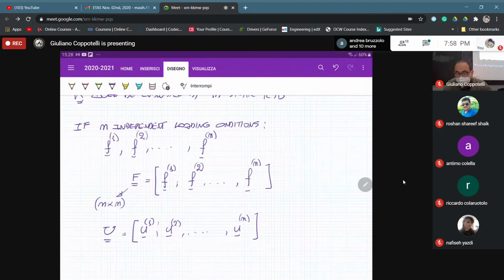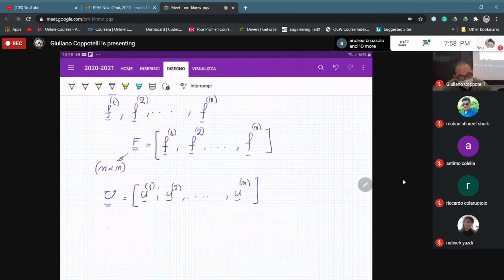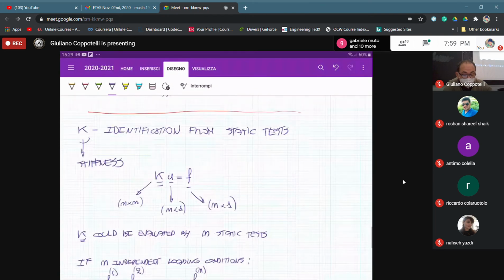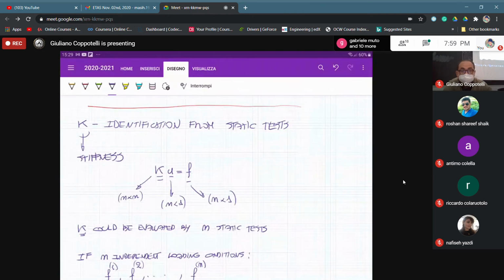And therefore what we can write is that your K matrix could be written as F times the inverse of this displacement matrix U. Okay, so going back to the very beginning here, our task is to find out the stiffness from static tests.